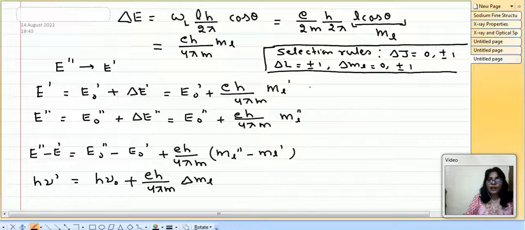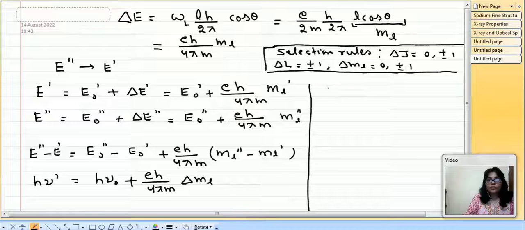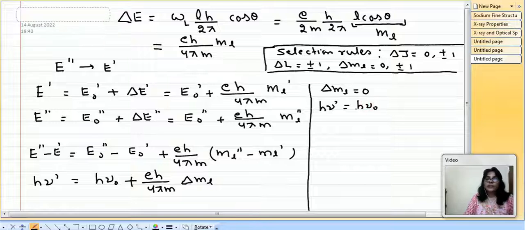If delta ML is equal to 0, then what will happen? H nu dash is equal to H nu naught, meaning there will be no change in the frequency. So we get the original frequency.